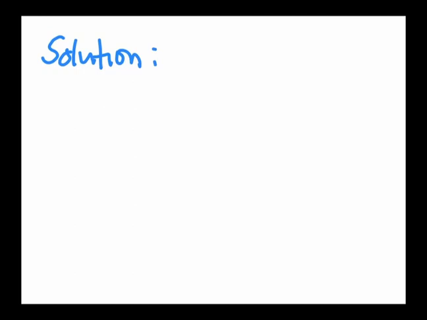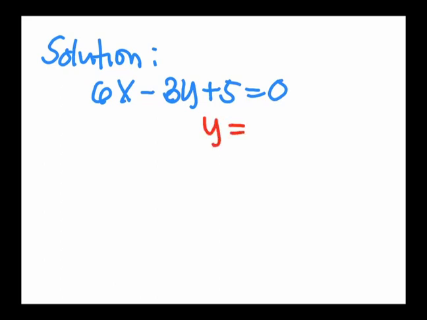The given equation is 6x minus 3y plus 5 equals 0. Note that the slope-intercept form of a line is given as y is equal to mx plus b, where m is the slope and b is the y-intercept.